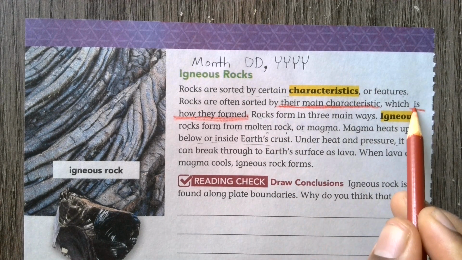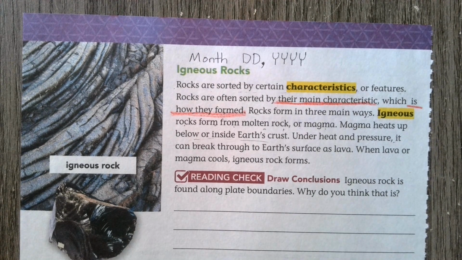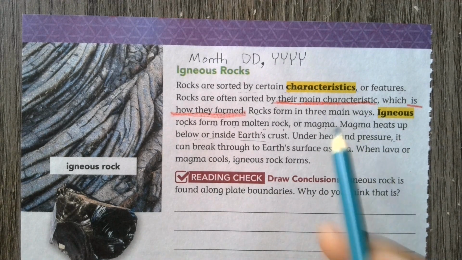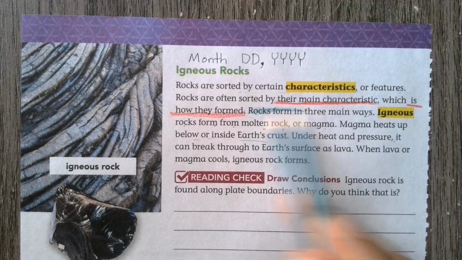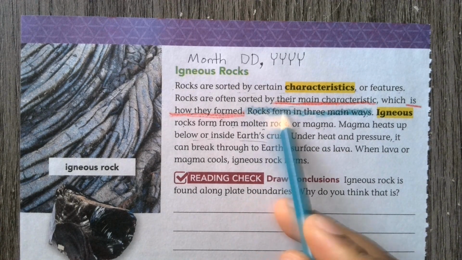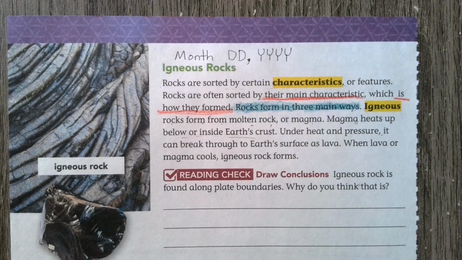Rocks form in three main ways. And so, if rocks form in three main ways, that tells me that there's three main classifications or ways of sorting rocks.